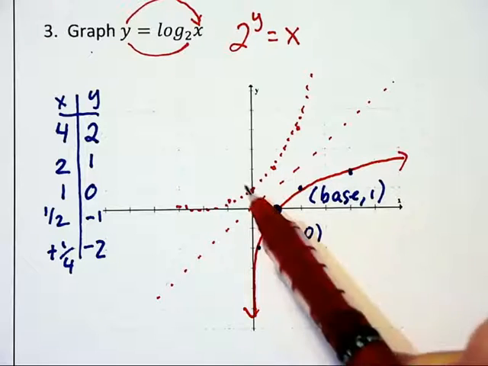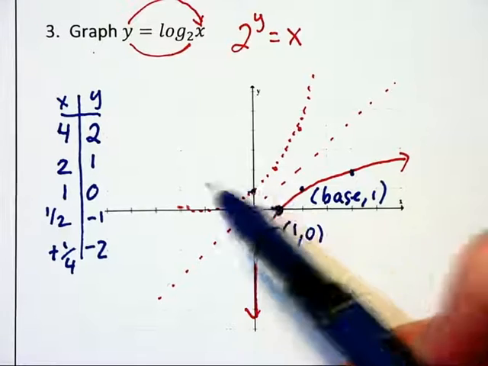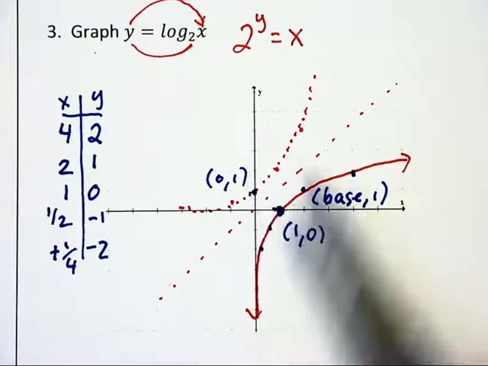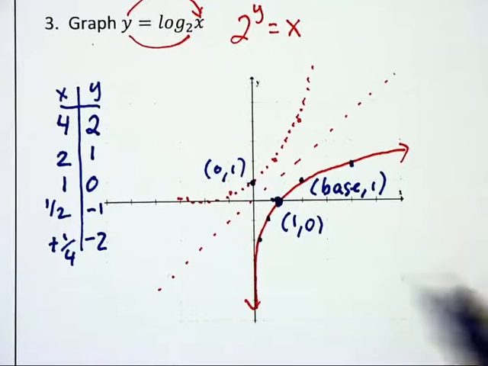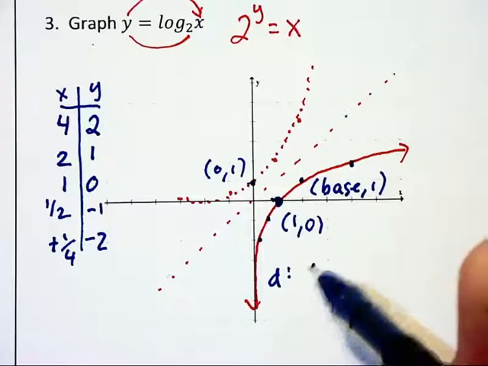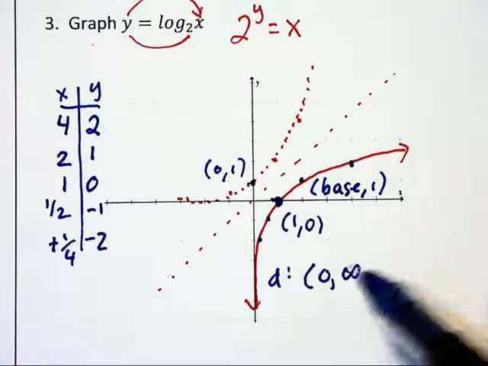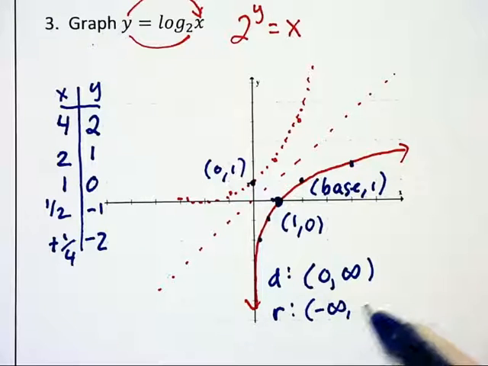And if I have the point 1, 0 and 0, 1, I can switch a comma b with b comma a to go from one function to its inverse. Yeah, that is true. Here, the domain of our logarithmic function is going to be from 0 to infinity, not including the 0, and the range will be all real numbers because it goes down forever and up forever.